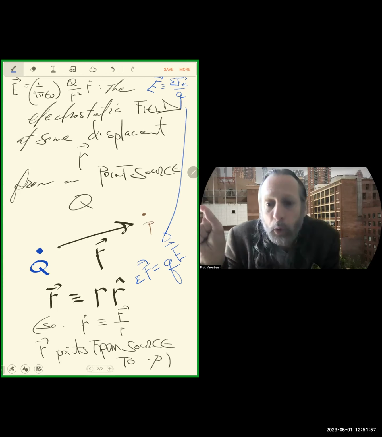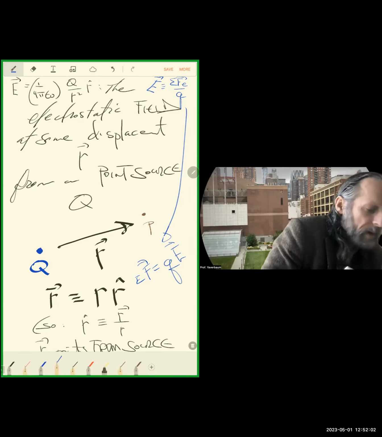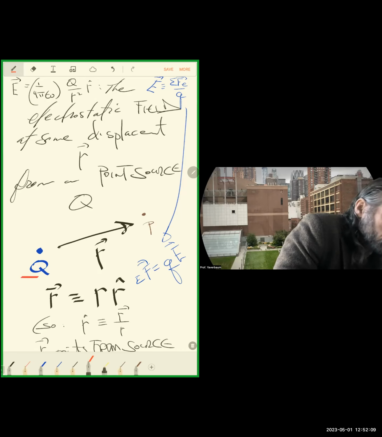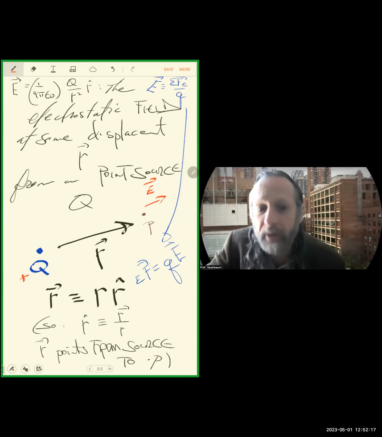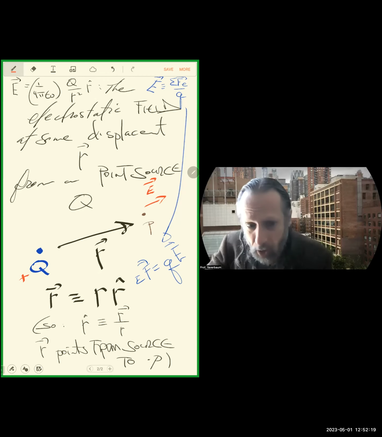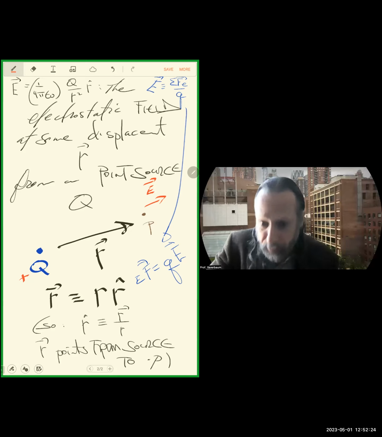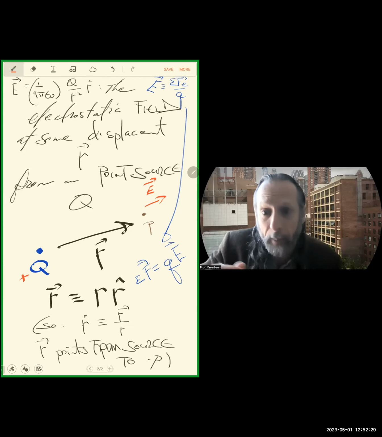At every location you look, there is a field vector there whose magnitude and direction is determined by the vital stats, the magnitude and position of the original source charge Q.